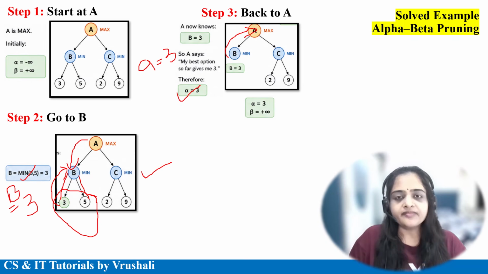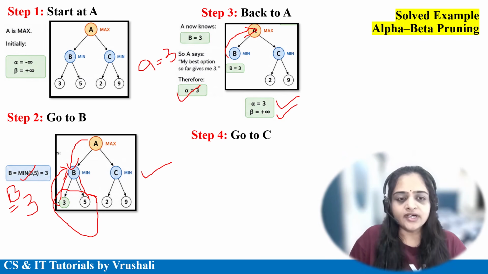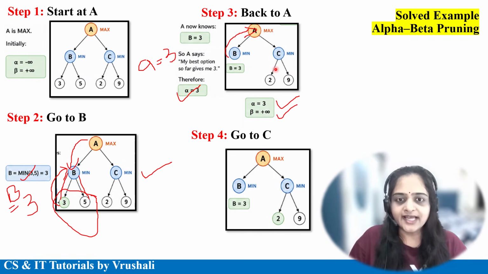Got it? So this value 3 is stored at A, that is the root node. Okay. So now alpha equals 3 and beta equals positive infinity. Now the next step is you need to explore the right side of the node. Okay. After B, then C. So now check here. From the root node it goes to C.